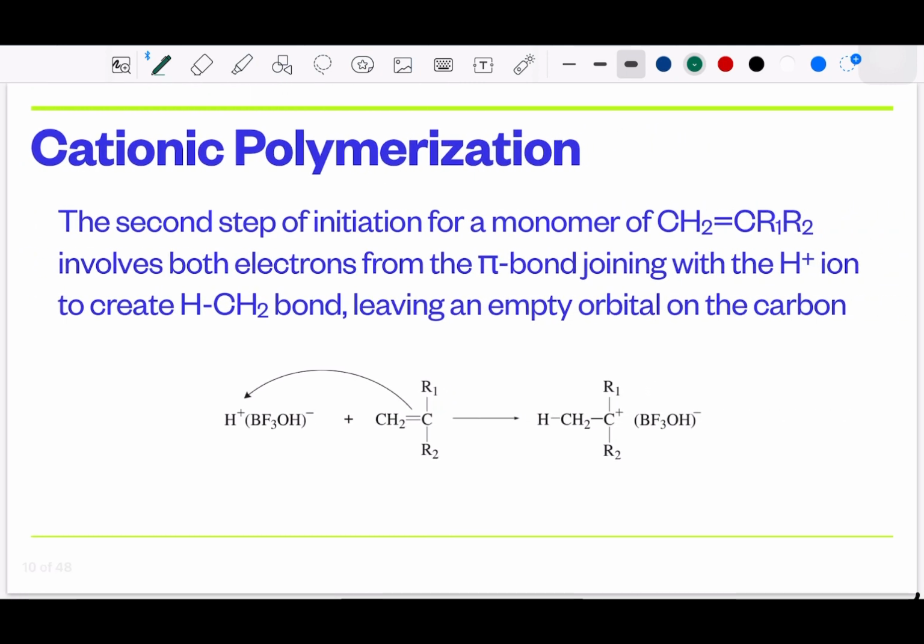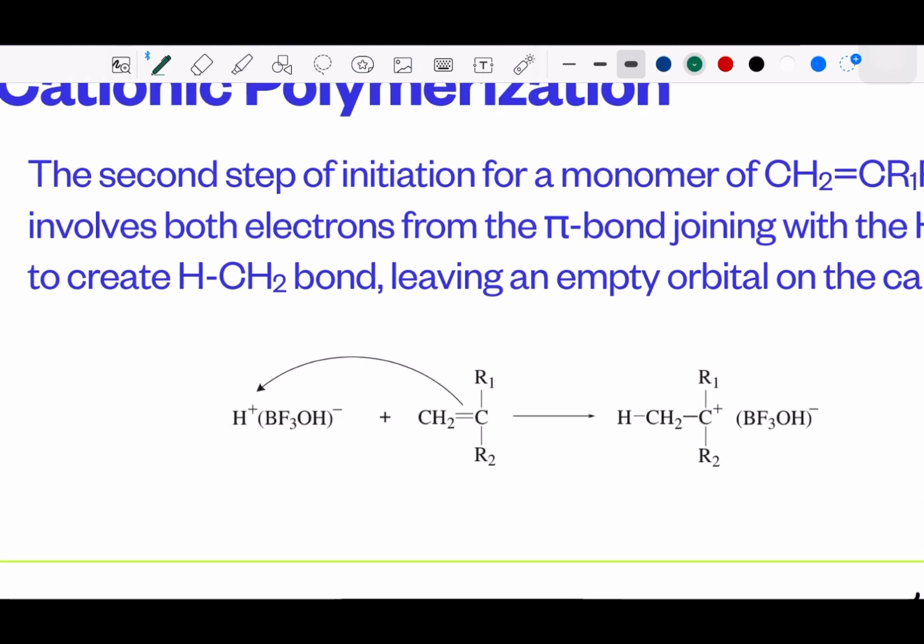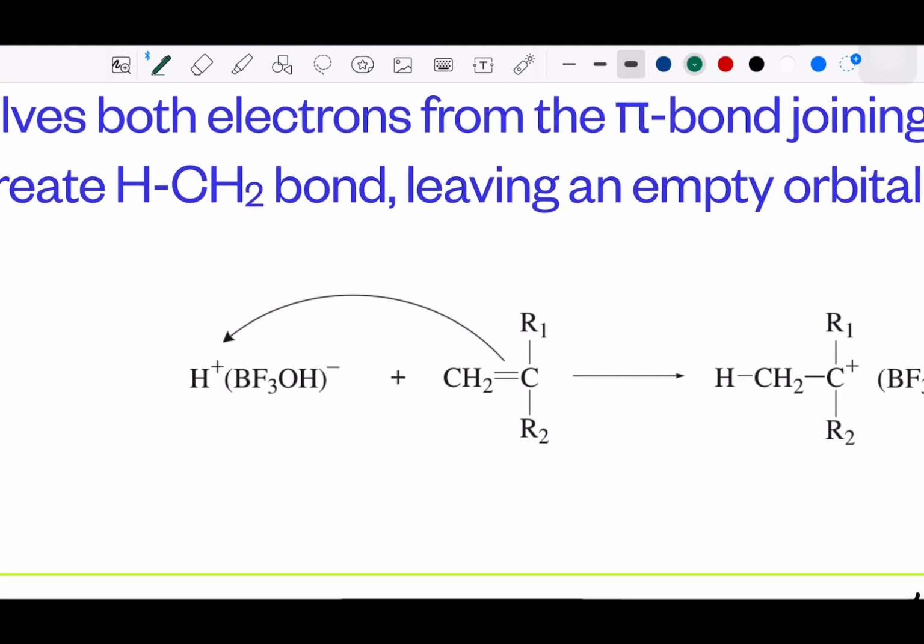The second step is propagating. We are going to see that the double bond here will break, because of this positive charge here. This is what we call the donors.